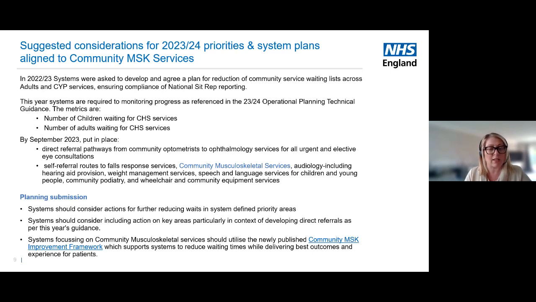Systems are being asked to consider how this will be put into action and to report back with their plans, which has been aligned ultimately with the publication of the Community MSK Improvement Framework, supporting those systems to reduce those waits as they are being asked to do in the financial allocations that they've been given, but at the same time ensuring that we're delivering best outcomes and experience for patients. Next slide, please. Thank you.